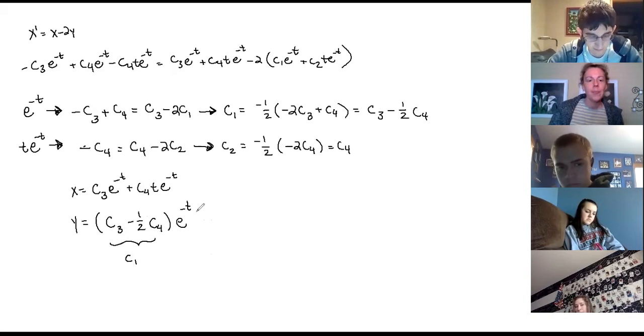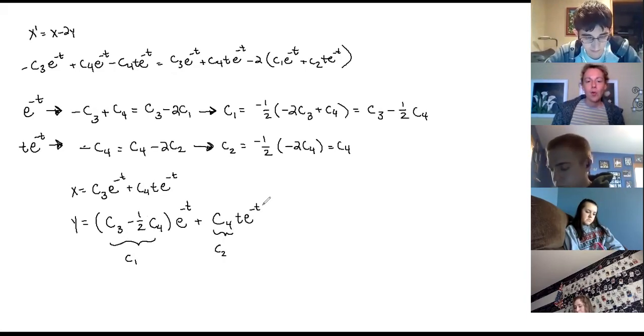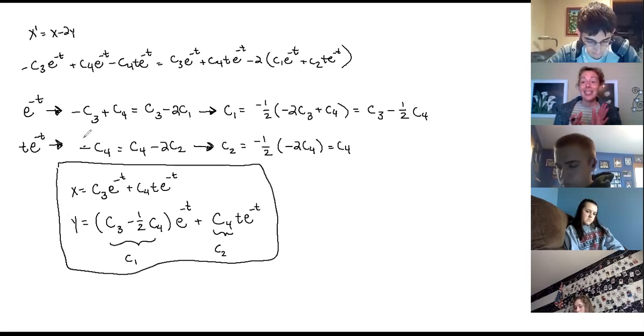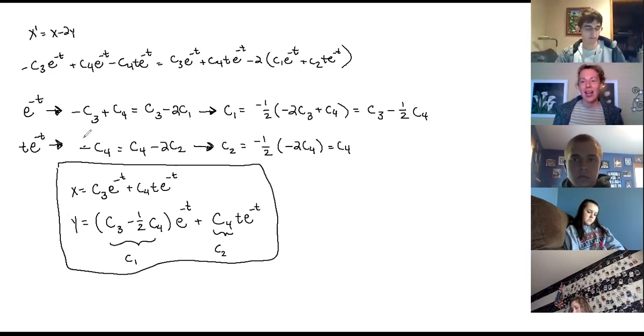I solved for C1. Plus, I don't want C2 anymore. I said that C2 was equal to C4, so we've got C4 t e to the negative t. And this is an answer with just 2 unknown constants, which is good because that's the maximum number that I am allowed to have.